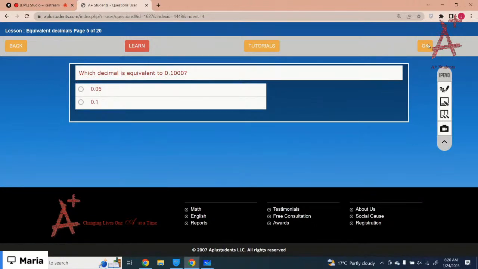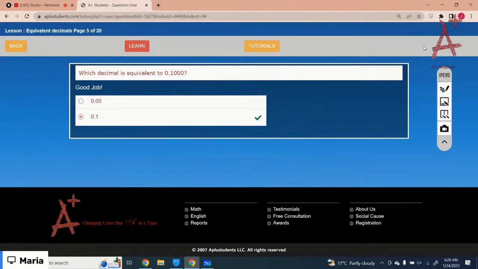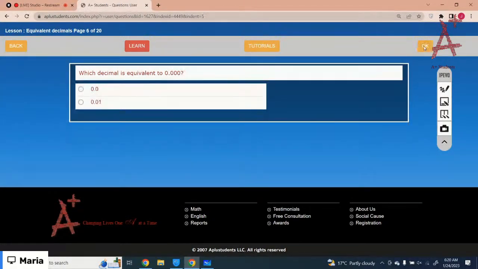Okay, the next one is which decimal is equivalent to 0.100. Yes, it is equivalent to 0.1. Got it? Okay, which decimal is equivalent to 0.0000?